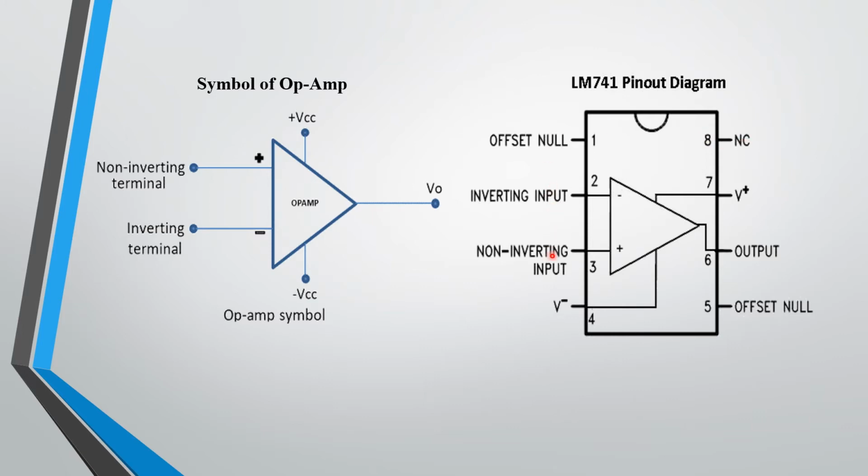Pin number 2 and pin number 3, as mentioned earlier, are used for input signal, input voltage. Pin number 6 is for the output voltage. Pin number 7 for plus VCC, pin number 4 for minus VCC. Pin number 1 and pin number 5 are used as offset null condition.